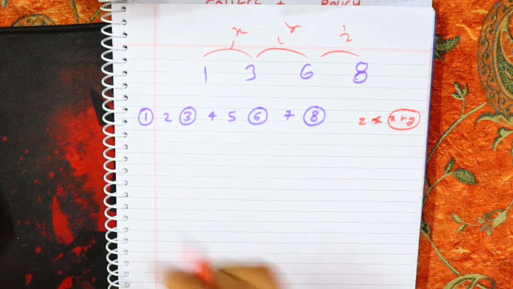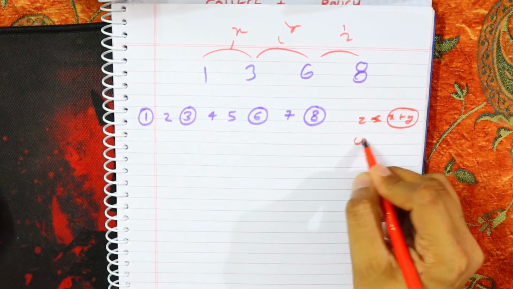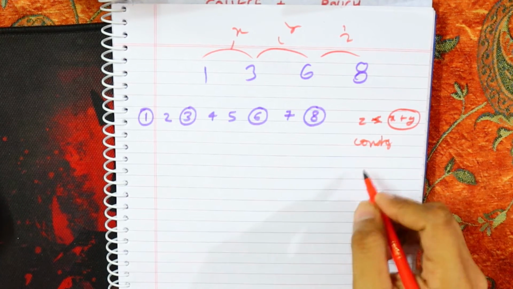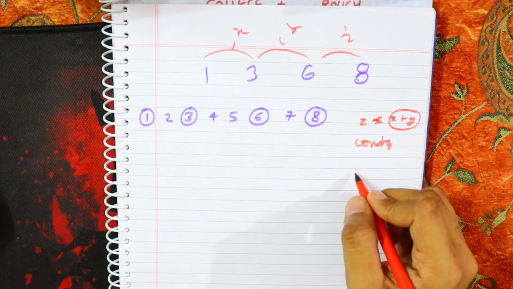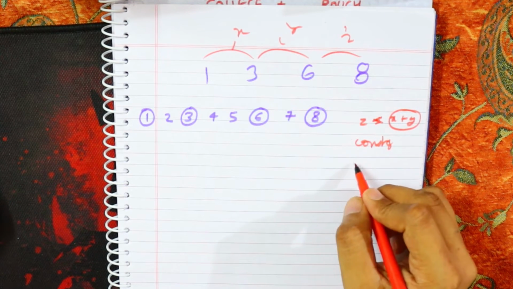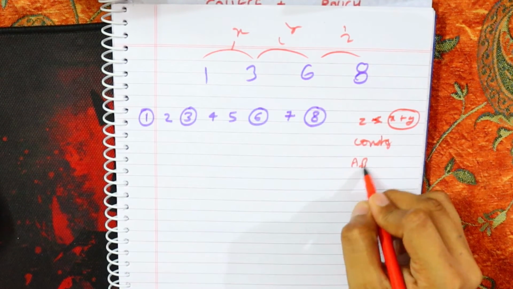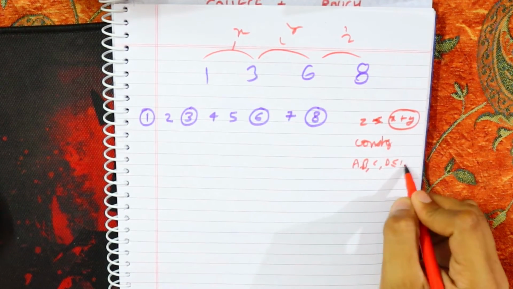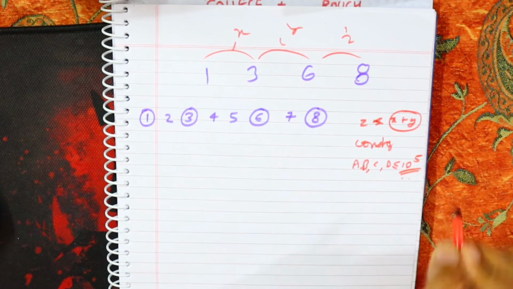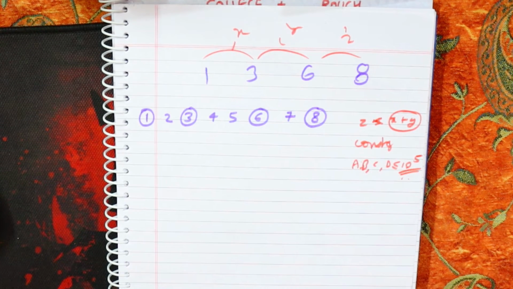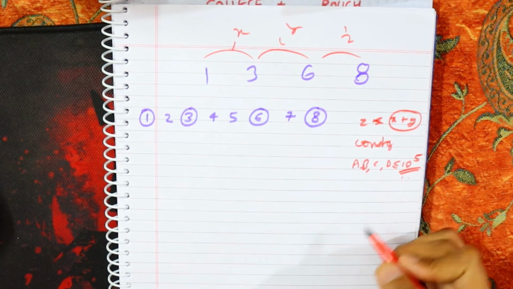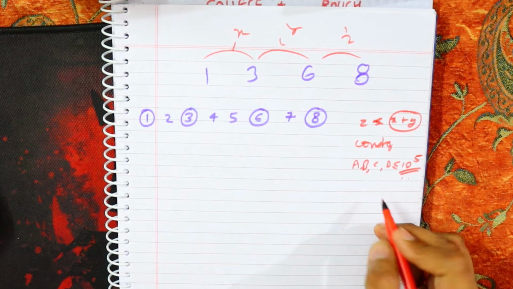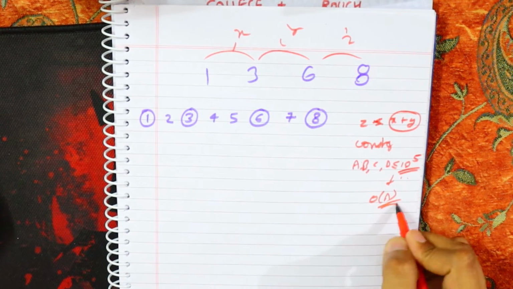If we see the constraints of this problem, it will be very clear that the values of a, b, c and d are less than 10 power 5. So we are not able to use anything such as O of n square or O of n cube. We can only use O of n.